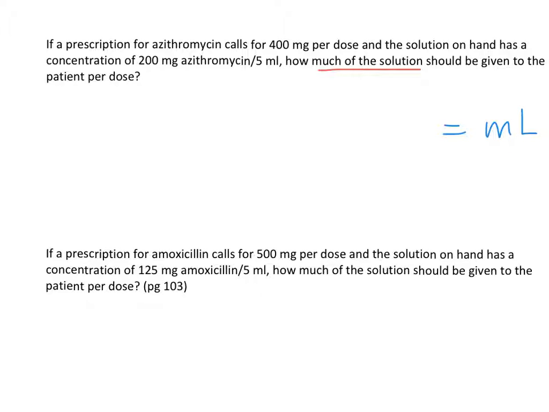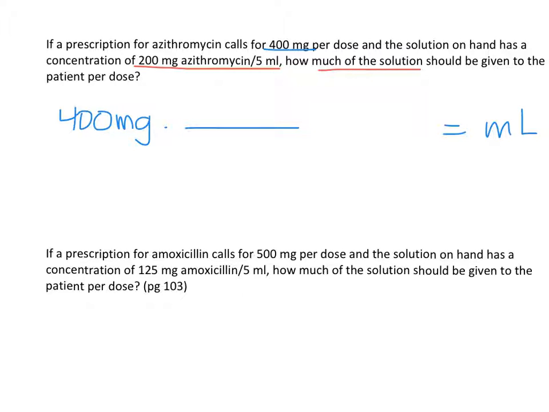Okay, now what do we start with? Well, the prescription calls for 400 milligrams. So that's what we have to make sure we have in that solution, the 400 milligrams. So that's our starting place. And so we need to do the conversion from milligrams to milliliters. So we're going to multiply this by a ratio that has the equivalent quantity in the numerator and denominator. And it's given to us, the concentration is 200 milligrams per 5 milliliters.